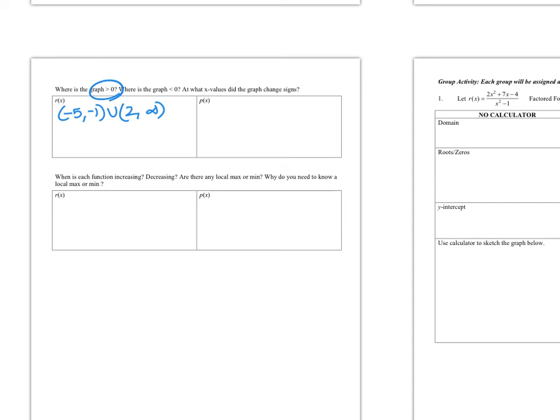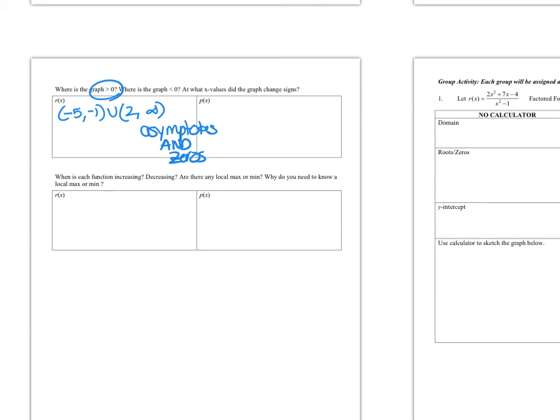And it asks, where do the graphs change signs? They're going to change signs at asymptotes and zeros. Okay, so that's the important part to look for.